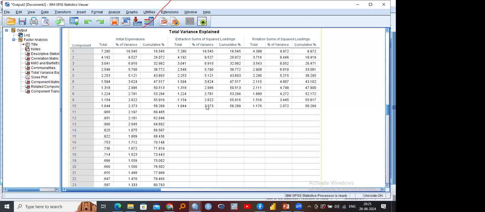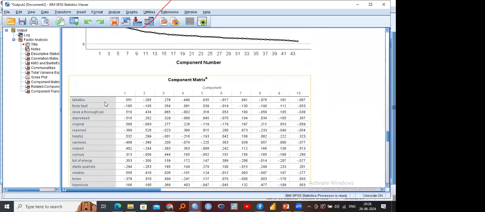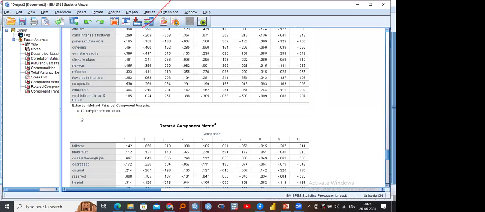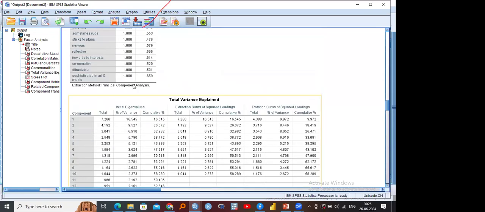So some will reduce, some will increase, but you have to reach an optimum point, and that optimum point is reached by repetition, by iteration. If you see at the end of this table, it is written how many iterations. Here you can see rotation converged in 16 iterations. Generally, it converges within 25 iterations. So this is what iteration means.